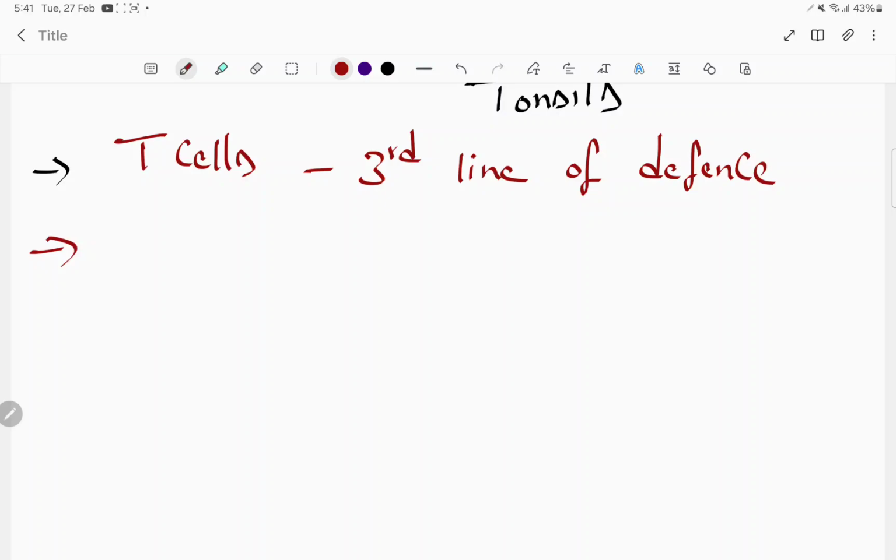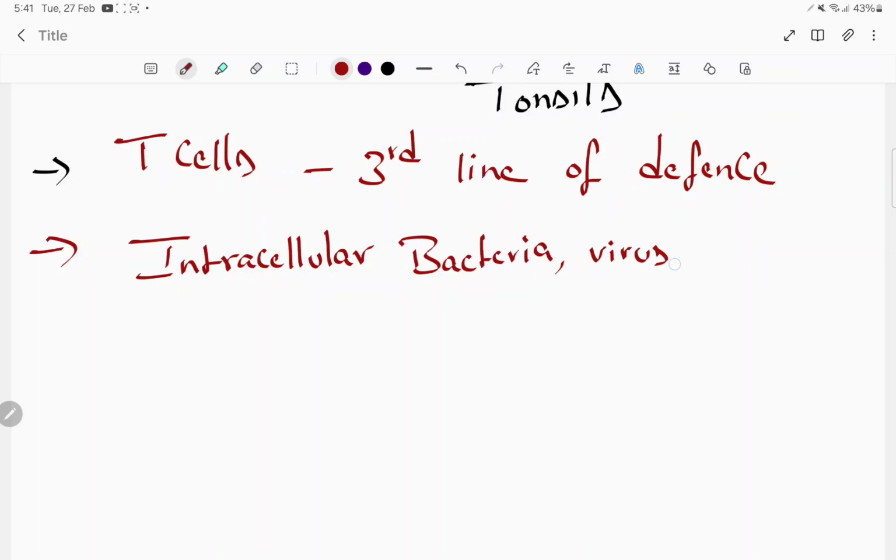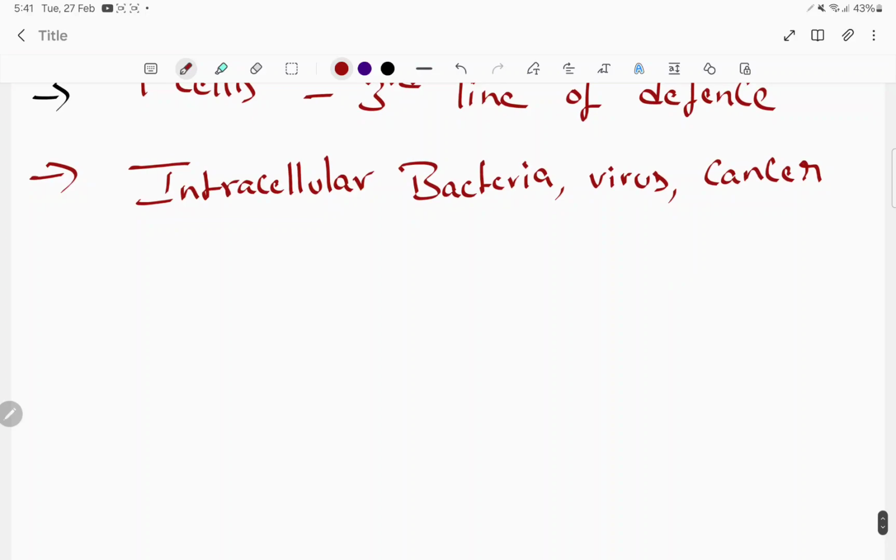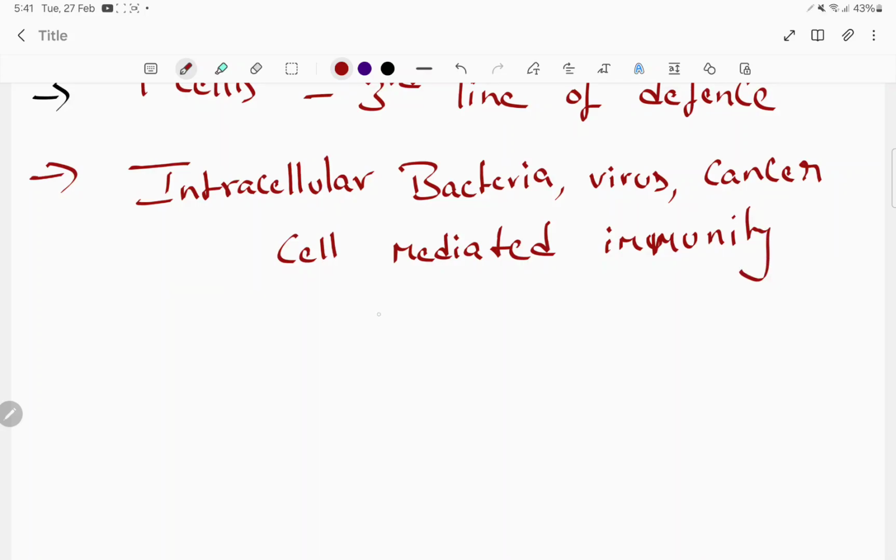And next, intracellular bacteria, virus, and cancer. These are actually protected by cell mediated immunity, which is T lymphocytes.